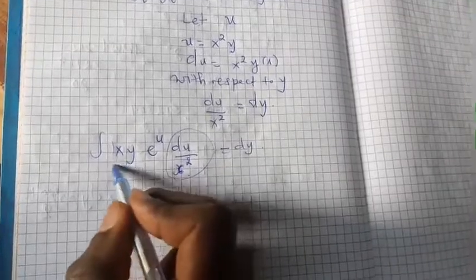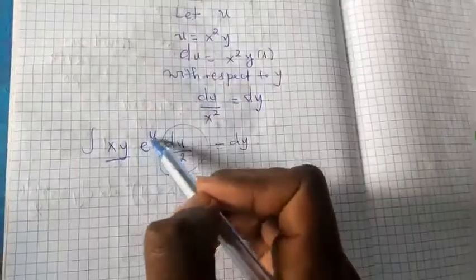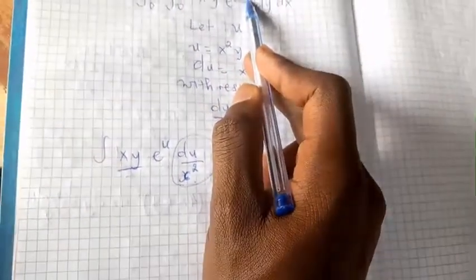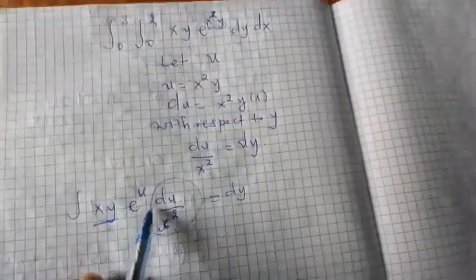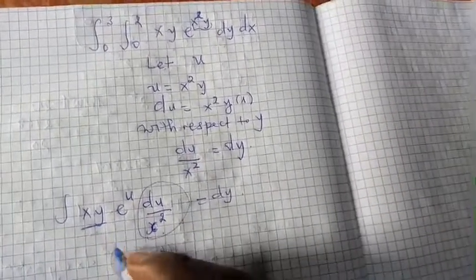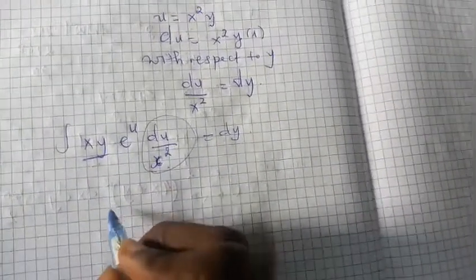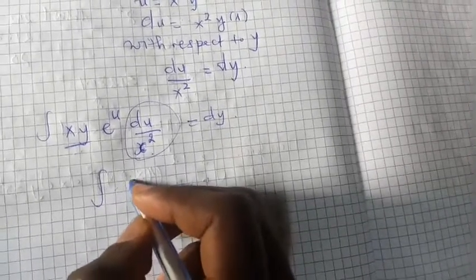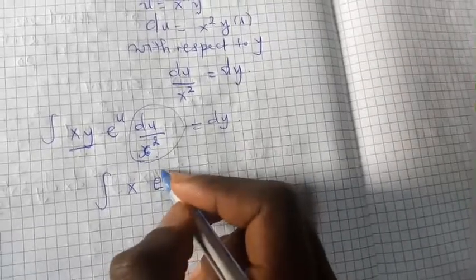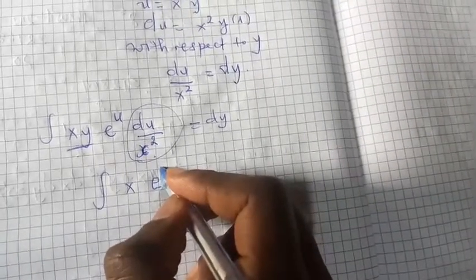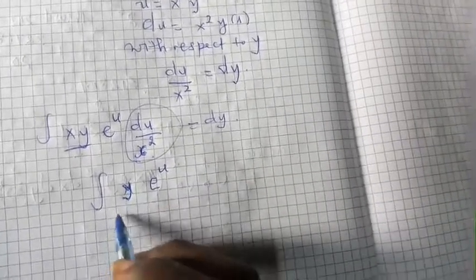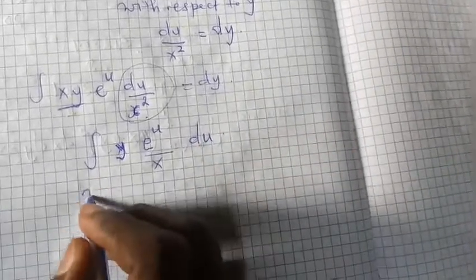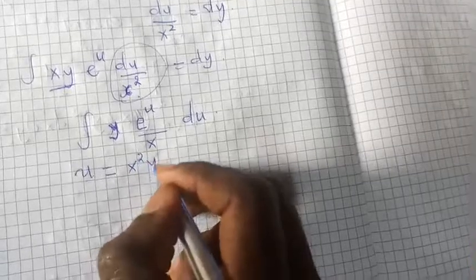Then this will be equal to the integral of y e power u divided by x du, and u, you know, is equal to x squared y as usual.